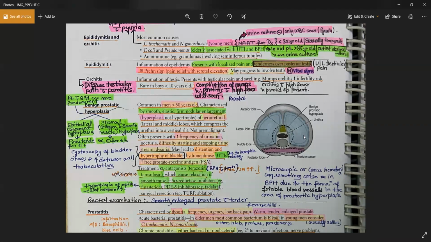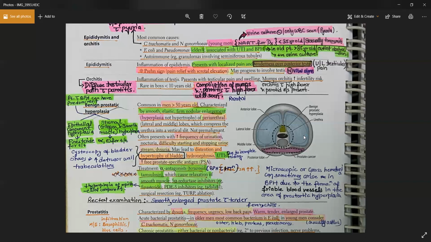If there is a firm nodular feeling on examination, it can be confused with carcinoma of the prostate, isn't it? See, most of the times when you see a nodular enlargement, it will be a cancer. High chances are that it is a cancer, not BPH. If you see a smooth enlargement, then chances are that it is BPH, not a cancer.